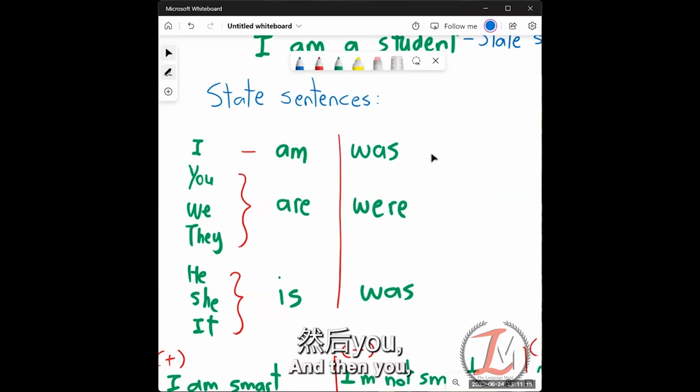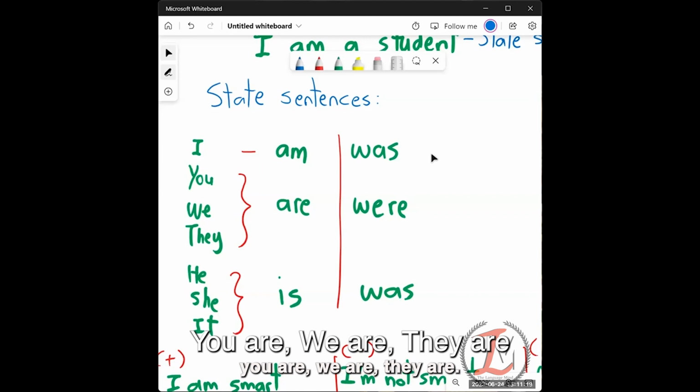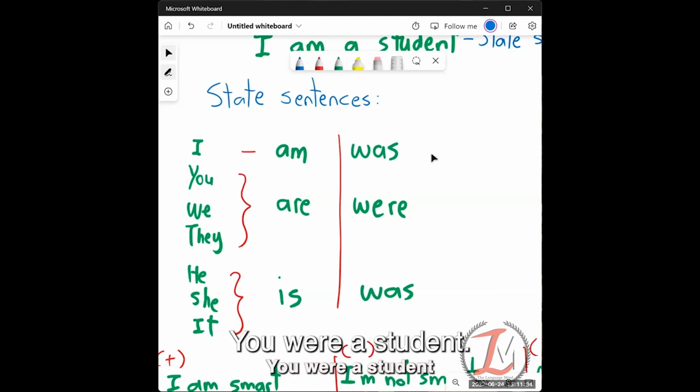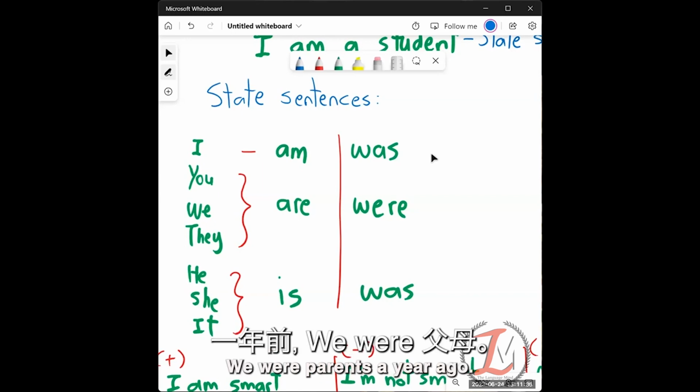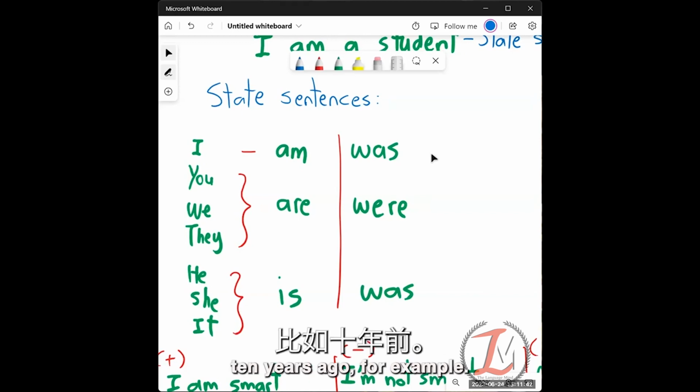And then you, we, they, we use are. You are, we are, they are. These are the present tense. You are a student. We are parents. They are teachers. So were, past tense. You were a student 5 years ago. We were parents a year ago. They were students 10 years ago, for example.